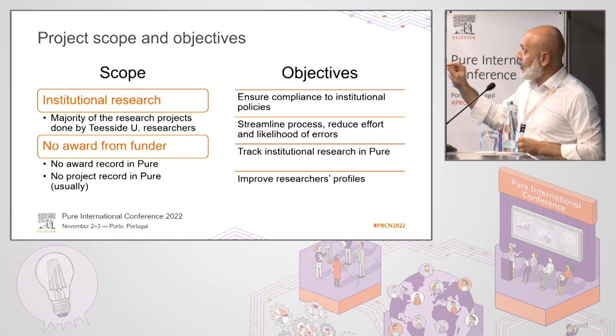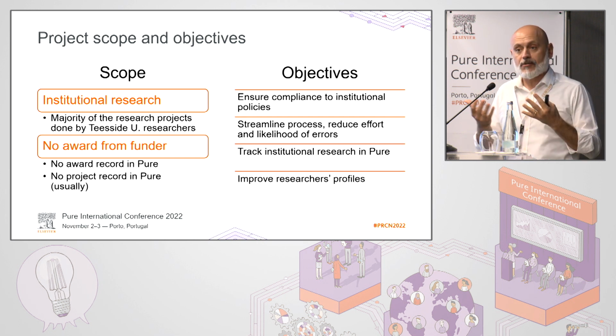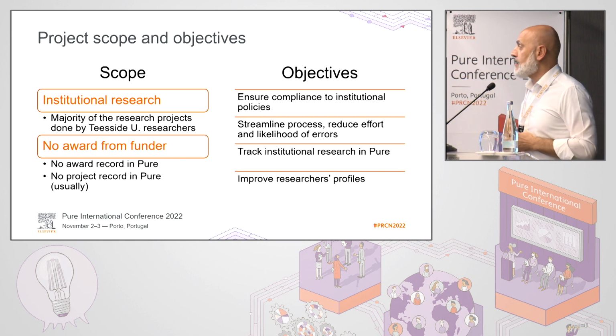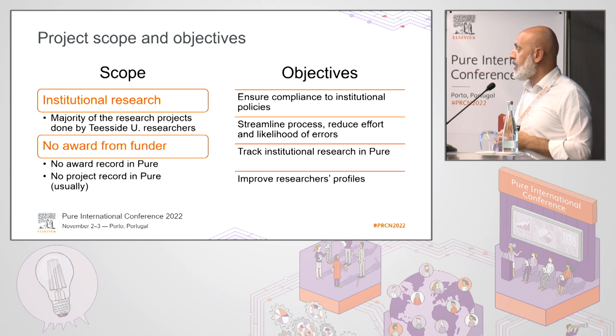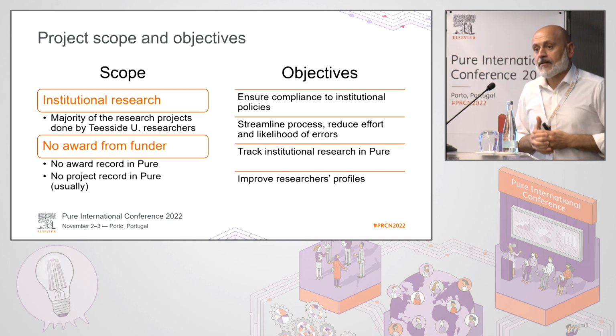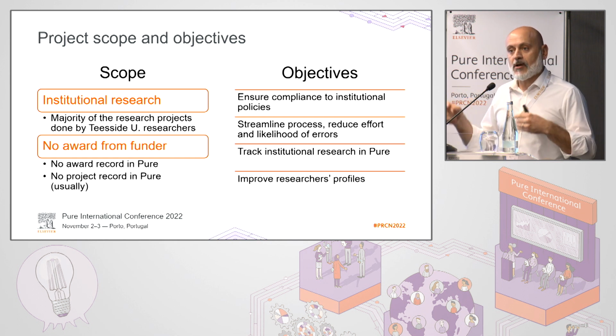So this is the scope of this project, it was institutional research, as I said. Because the majority of the research projects that take place at Teesside University are supported by the institution directly, and there's no external funding. This means that if you look at it from a Pure point of view, for those projects there's not an award in Pure.